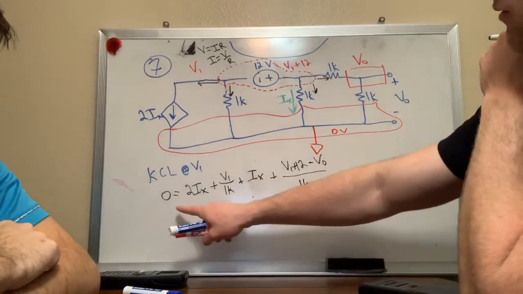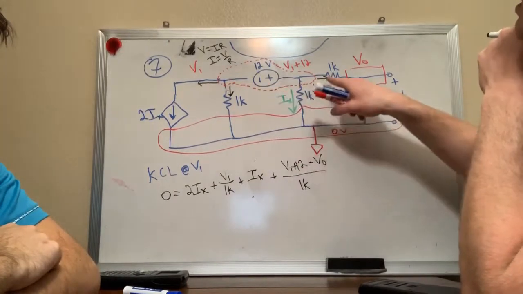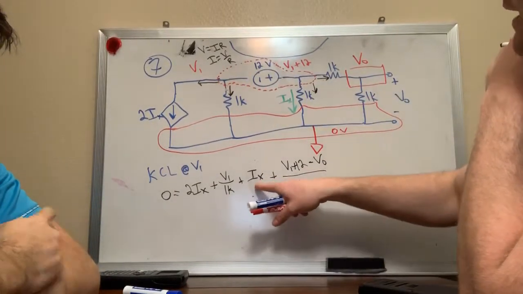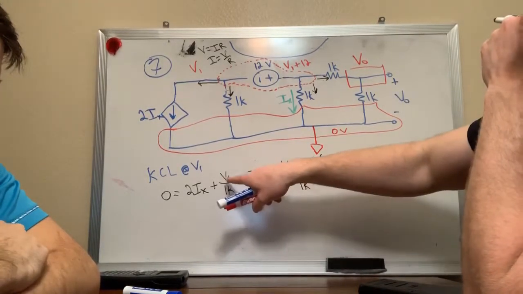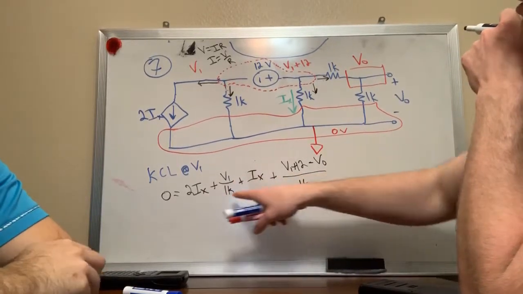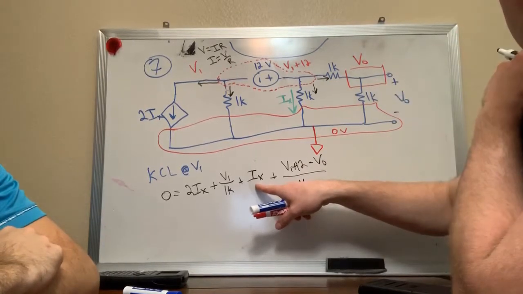So now we have one equation and we have four terms, 1, 2, 3, 4, and we have four currents coming out of that supernode. Okay, we have an extra variable that we didn't think about. We have our two variables, V1 and Vout, but now we have this Ix variable. Well, real quick, we should put Ix in terms of a voltage, so that way we get rid of that extra variable.